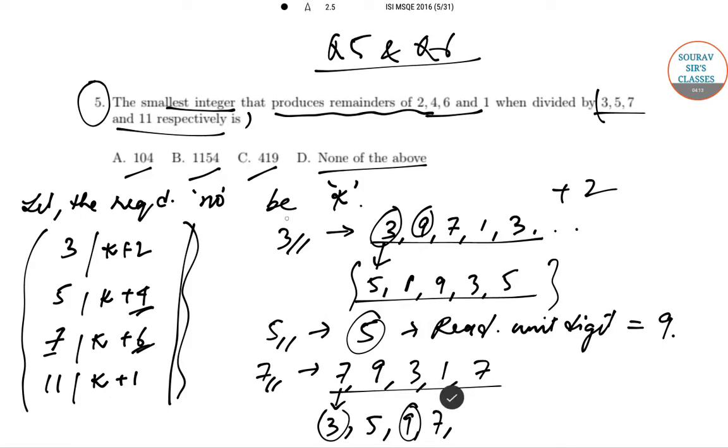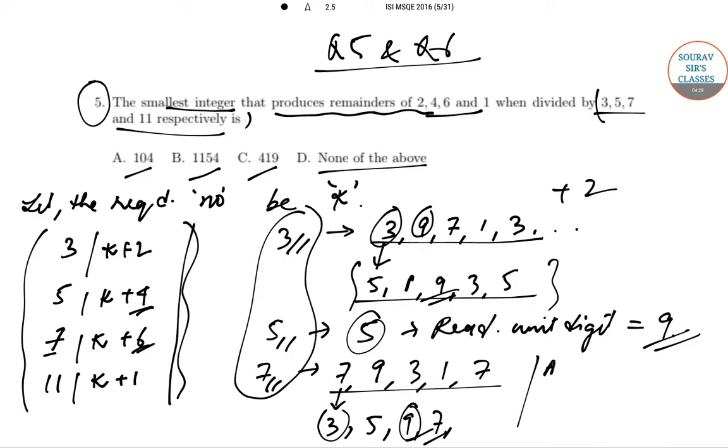We see in all these cases, the common case is when the required number has unit digit 9. Out of the options, only option C, 419, has a unit digit 9.